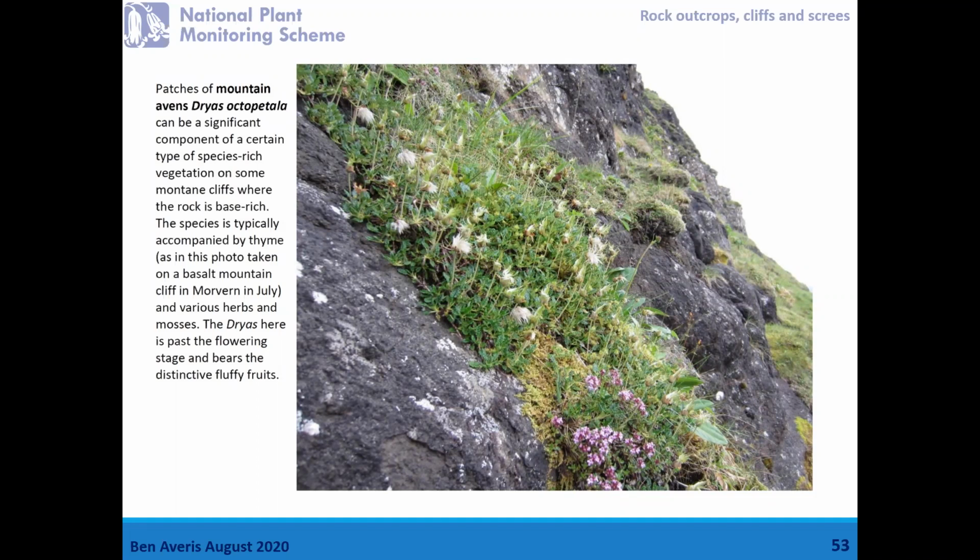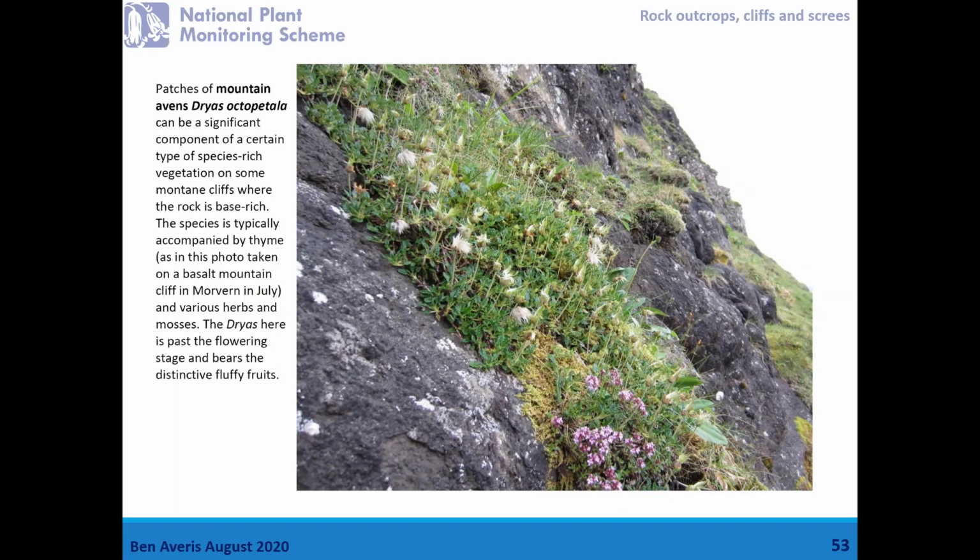Otherwise, it's growing with other species that in themselves aren't montane, like the thyme, for example. And there's some devil's-bit scabious in there. You see the leaves of it. But definitely the habitat would class as montane, even though it's not actually that high up. That's what happens when you go in the far north and west.